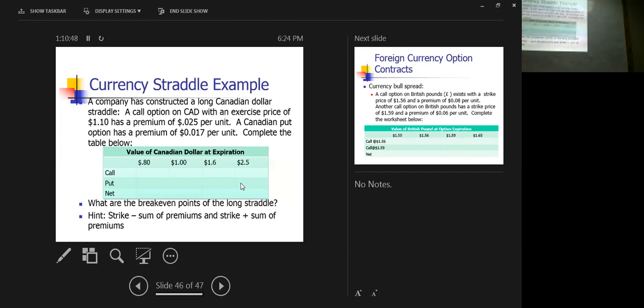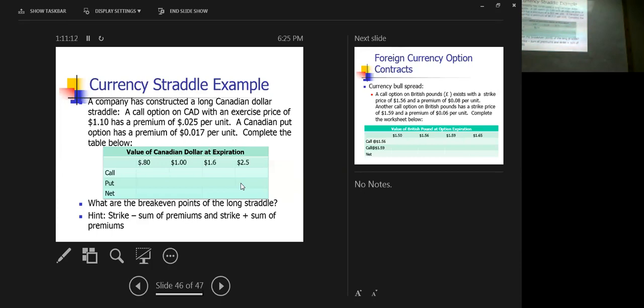How much do you pay? Similarly, it's 80 minus this, which gives you minus 30 cents, and you pay 0.025 for it. That's the premium, right? You all get that?